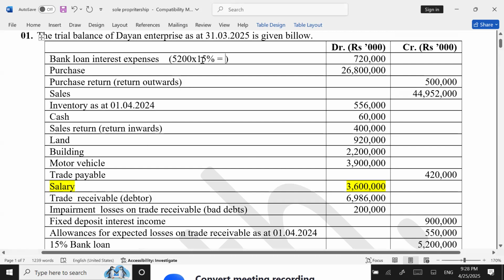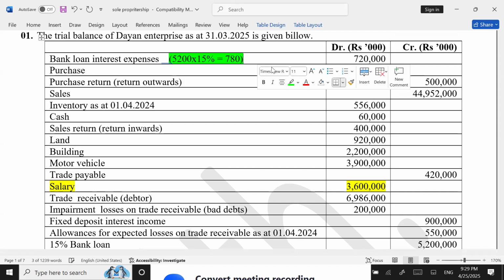The percentage is given as 15%. As expense it should be considered, paid or not, for the year: 5,200 into 15%. Therefore, loan interest value equals 780, and this is the value that should be considered as expense.